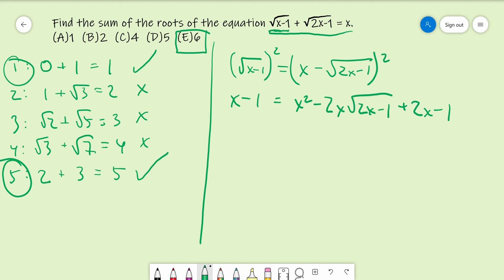So now let's simplify this. If we bring the x squared term, the 2x and the minus 1 and this x and this minus 1 all to one side, we'll get x squared plus 2x minus x will just give us plus x, and the minus 1's cancel out.